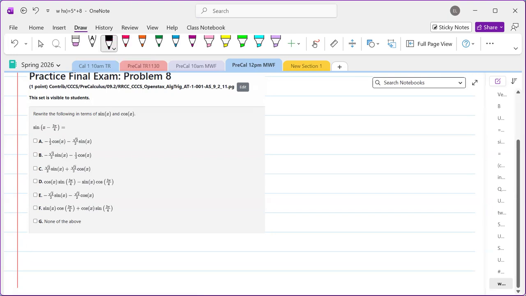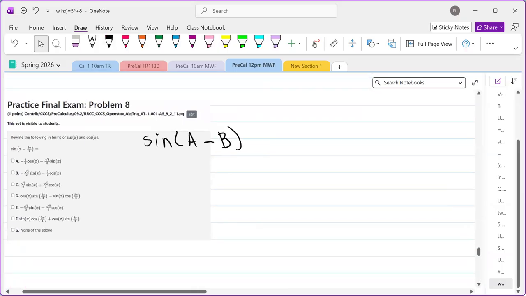So what I need to use to evaluate this one is I need to look up my formula for sine of a minus b. So let me write that down first.